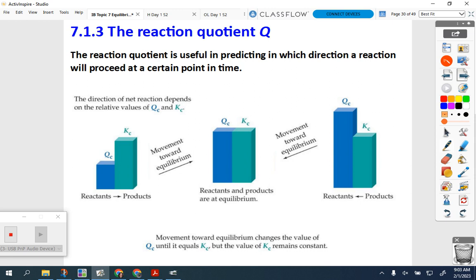If Q is less than K, then the reaction is still moving towards equilibrium in the forward direction, because we're still making more products than reactants. But if Q is greater than K, that means we're moving towards equilibrium, favoring the reverse reaction.